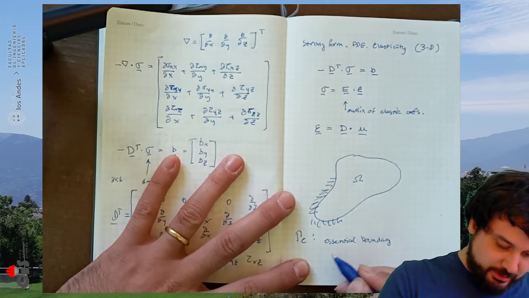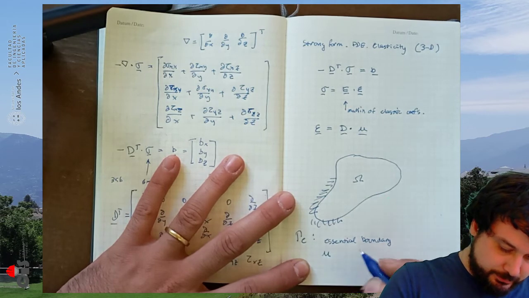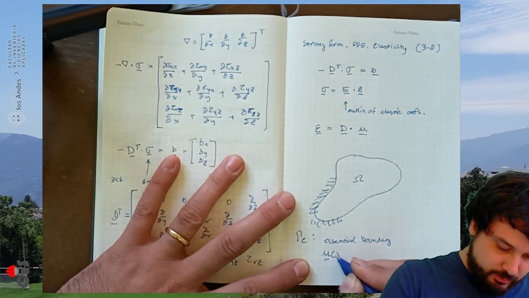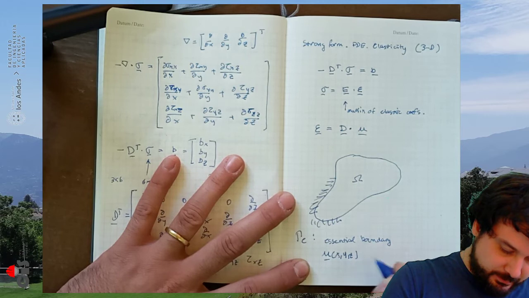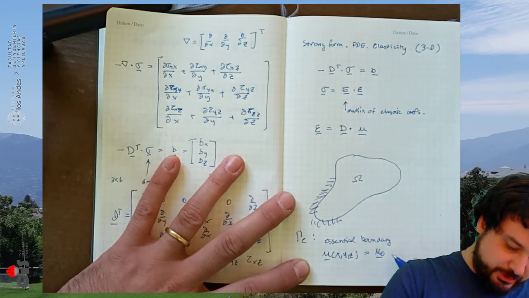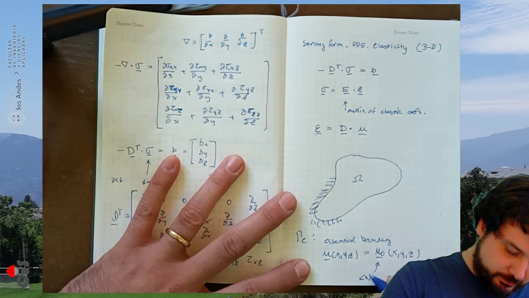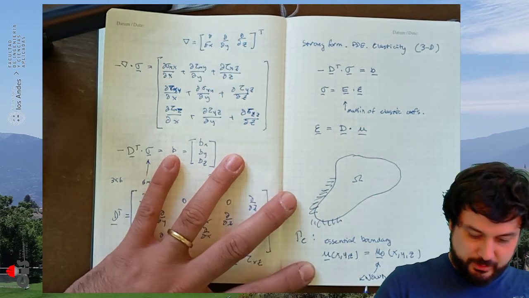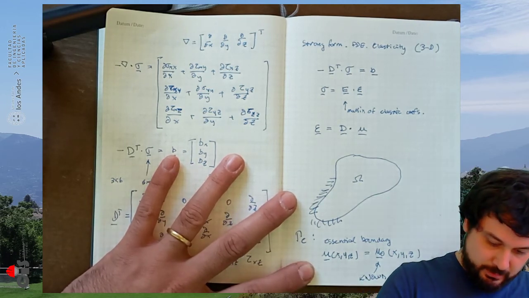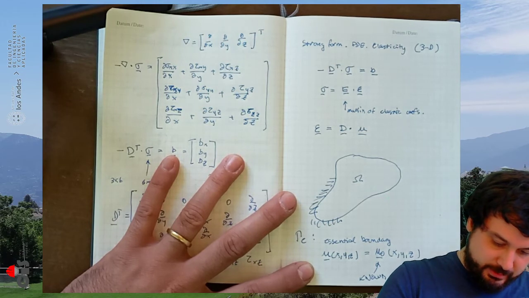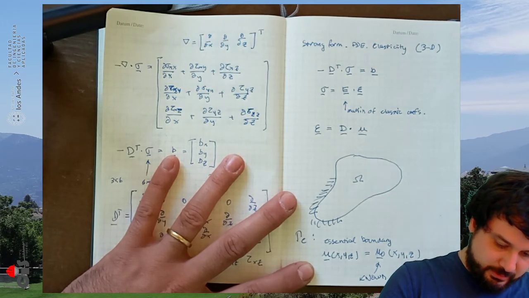And these are conditions of the form u(x, y, z) is equal to some fixed, some known function, could be 0, for x, y, z in the essential boundary.